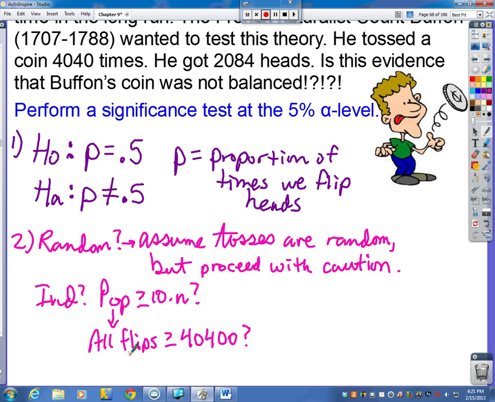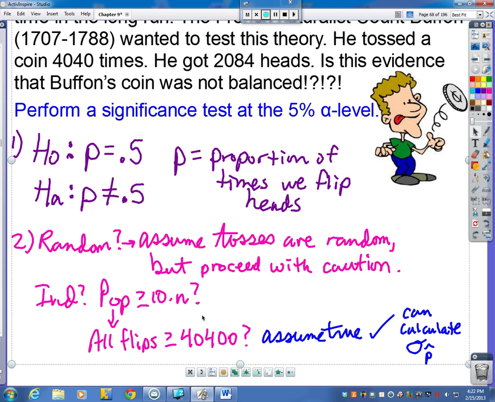All flips, there's technically infinitely many flips you could do. So we will say assume true. And if you wanted to, you could say that we can calculate the standard error, which in this case would be our sigma sub p hat. So there's condition number 2 checked.